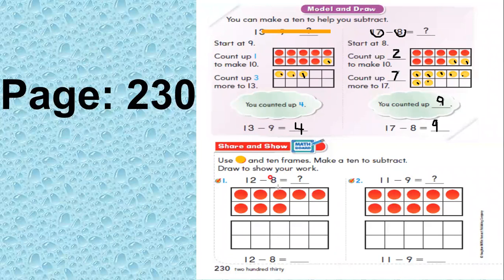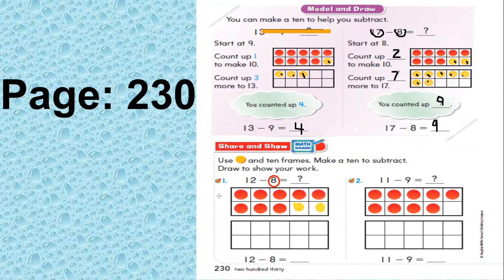So first we are going to take 8 as they have already drawn the 8 counters. 1, 2, 3, 4, 5, 6, 7, 8. So this is the 8th counter. And now I'm going to take the yellow color to make it up to 12. First I'm going to fill the 10 frame. So 2 more makes the 10.